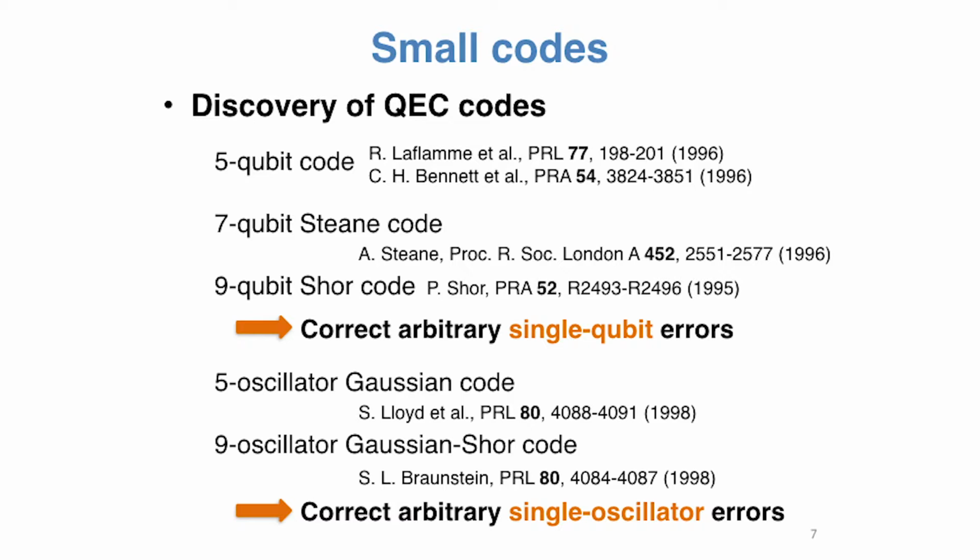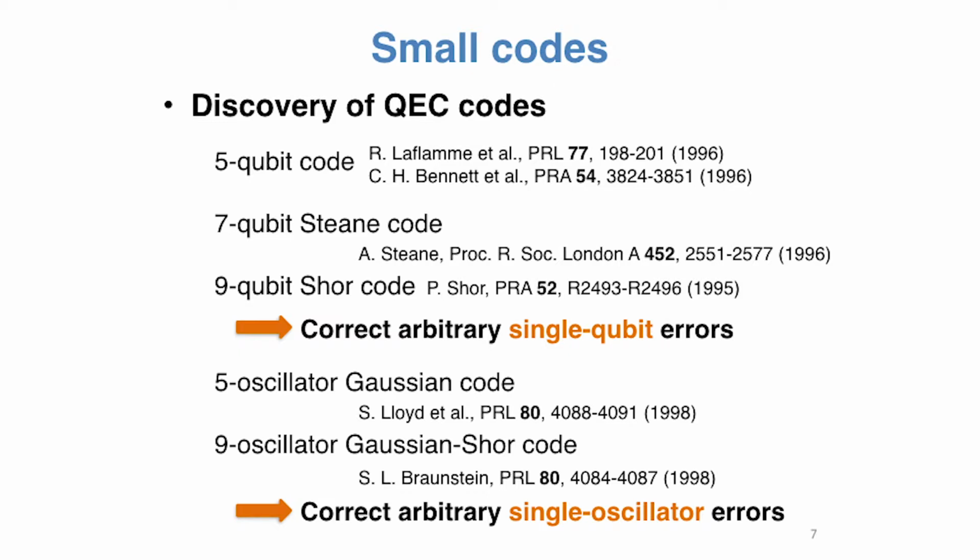So here's the first indication that bosonic codes might not be very good. As we all know, standard stabilizer codes, say the 5-qubit code, Steane code, or Shor code, are all very great because we can correct arbitrary single-qubit errors. And that's a really relevant thing to do in the qubit case.